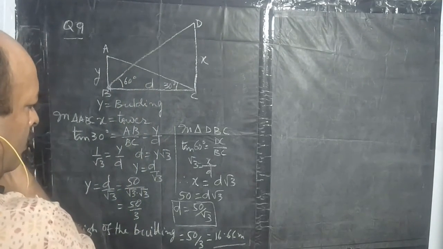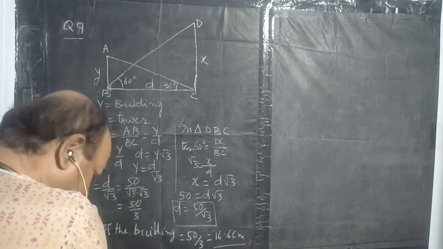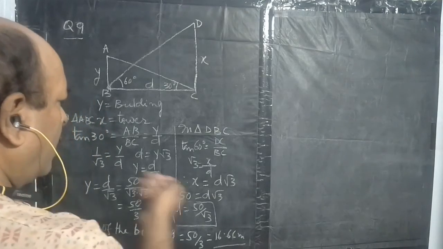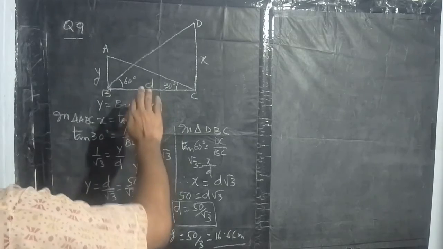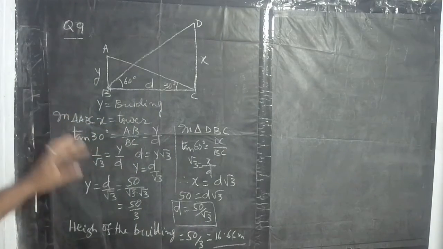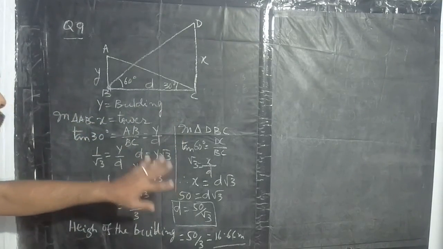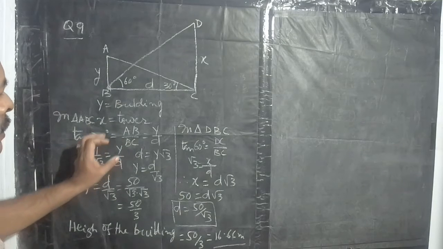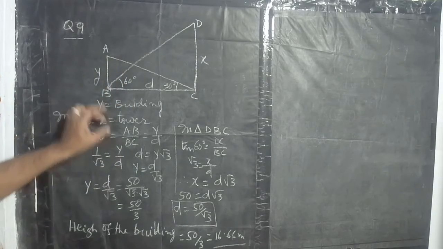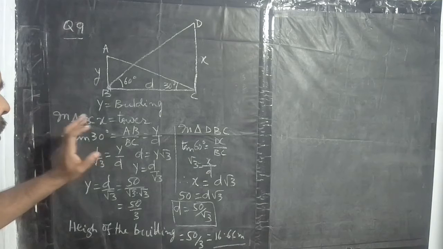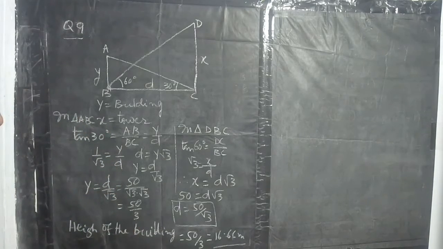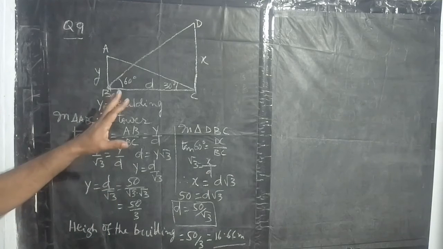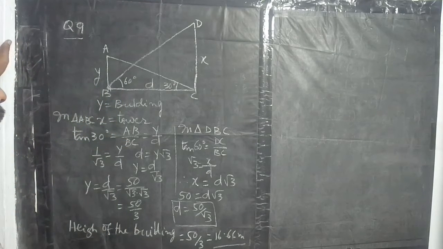See, each problem how I am solving, we are taking the number at the end. Every case we are taking x, y and d, x, y or a. First, we are just formulating the relation, with the ratio relation, tan or sine or cos. At the end, we put the values and try to find out.